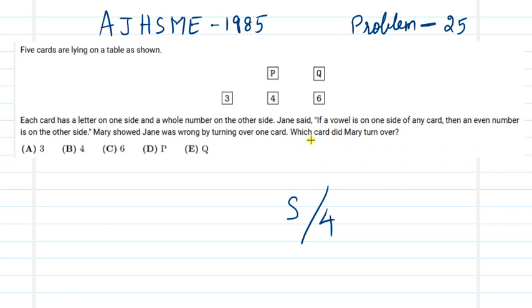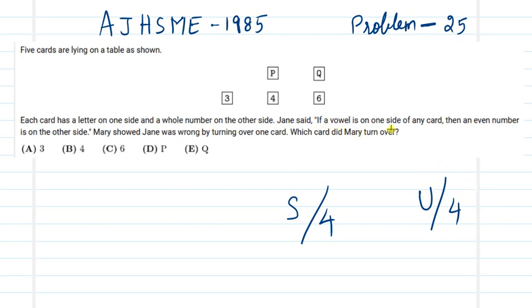Is the condition being violated? If we have a consonant here, there is no issue whatever the number on the other side. It could be an even number, it could be an odd number, it's completely fine. But what happens if it is a vowel? For example, let us say we have a U and a 4. U is a vowel and we have 4 on the other side.